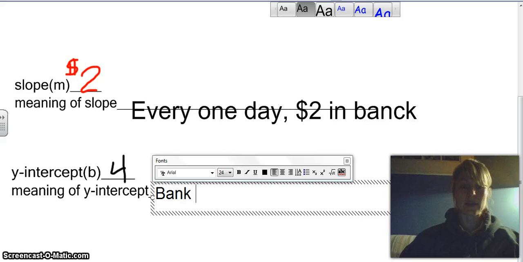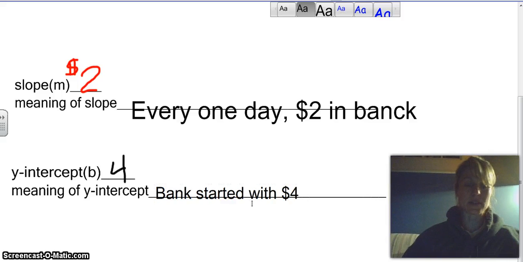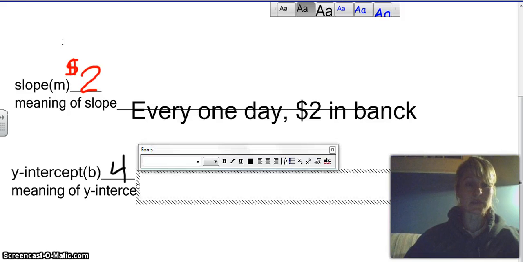So her bank started with $4. Okay, so that is the y-intercept. Slope has to be the thing that's changing. That's why it's called the rate of change. So every day we have $2, and then 2 more dollars make $4 in the bank, and 2 more dollars makes $6 in the bank. But we started with that $4 to begin with, so that's the y-intercept.